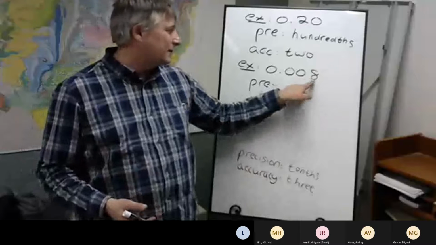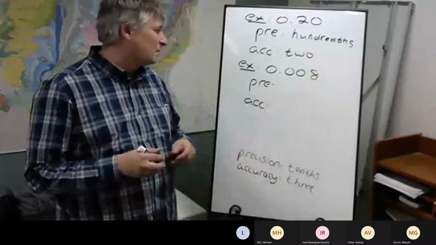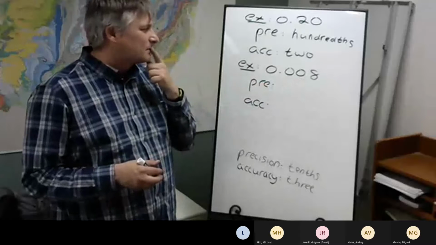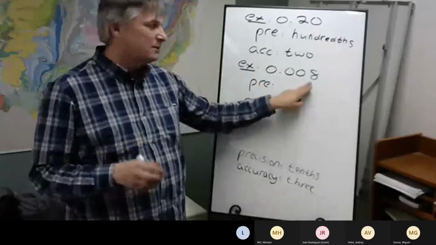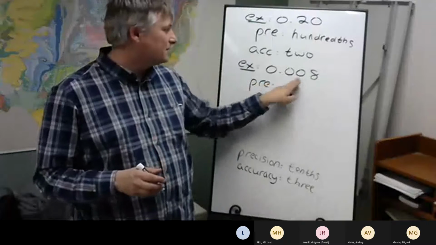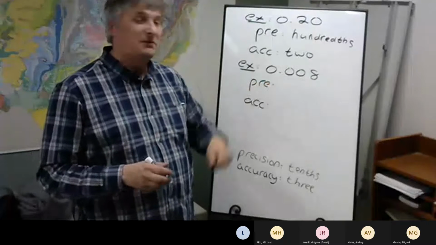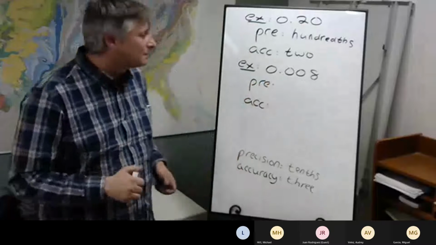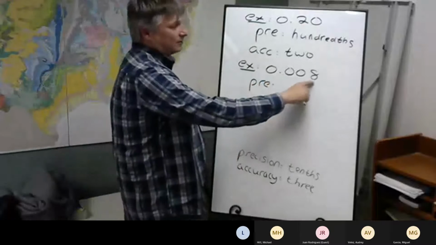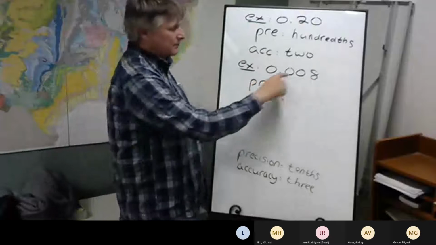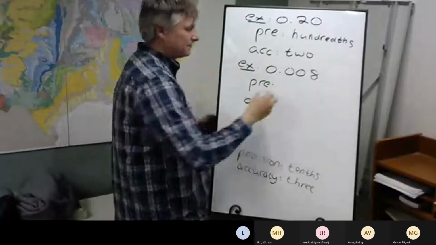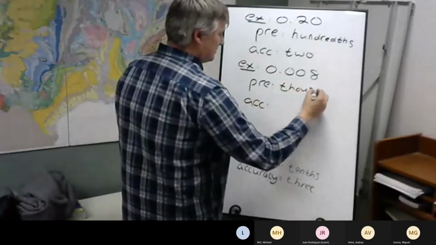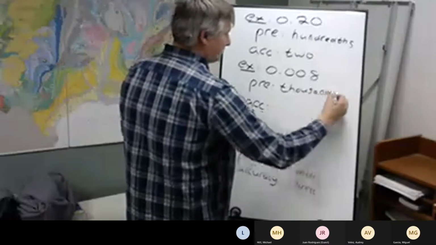Even if it was a 0, well, we've got these other zeros here. I think I know the answer to this, but let me double check that one. If these were all zeros, what would you say about that? But we've got an 8 here, a non-zero number. So we have tenths, hundredths, thousandths. So this has a precision of thousandths.